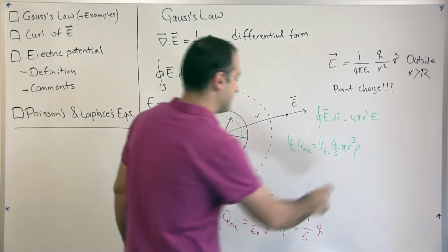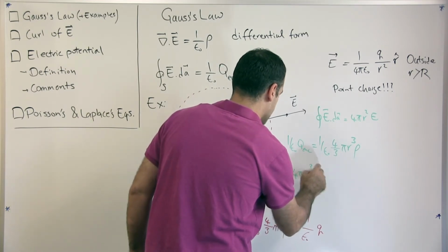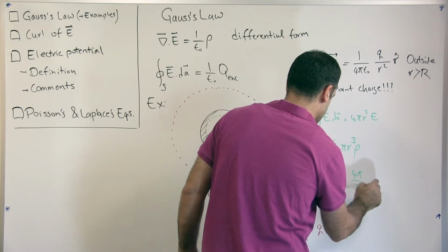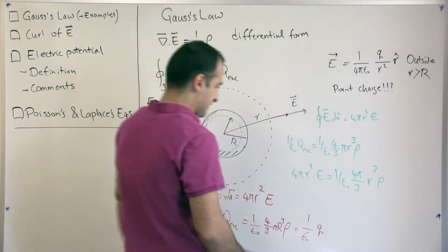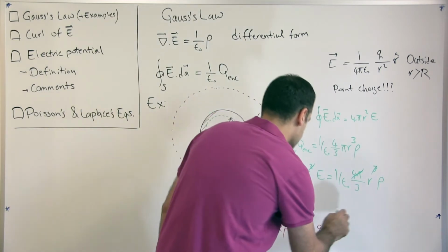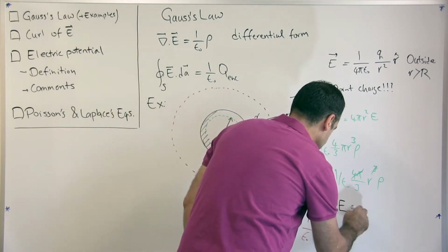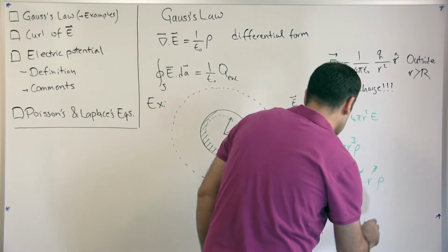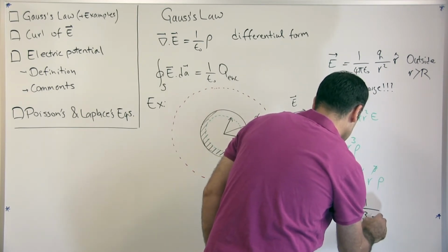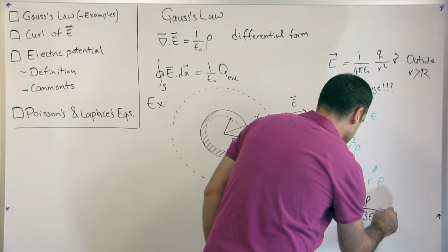Sounds good? And then if we equate these two sides, we have 4 pi r squared E equal to 1 over epsilon times 4 pi divided by 3 times r cubed rho. 4 pi cancels out, r squared cancels this, and the electric field is, so I'm gonna write with black, electric field is 1/3 epsilon 0 times charge density rho times r.